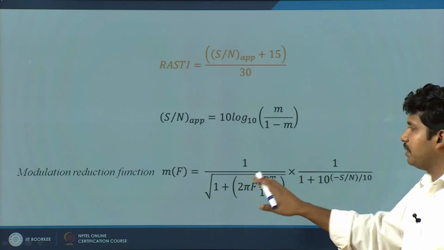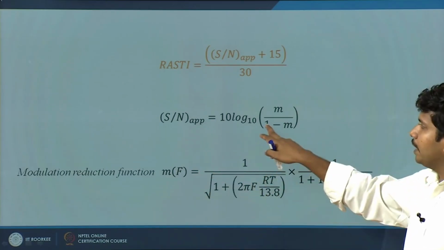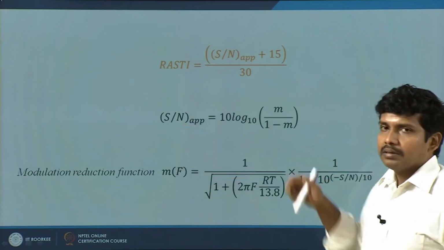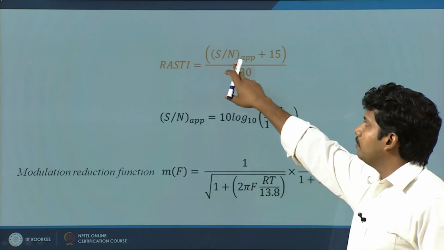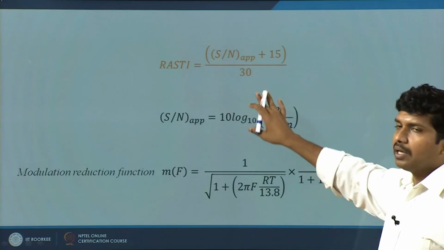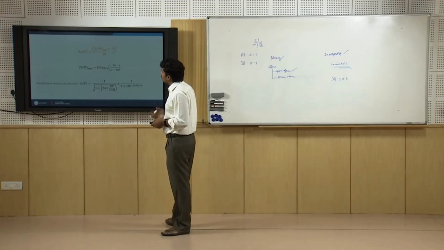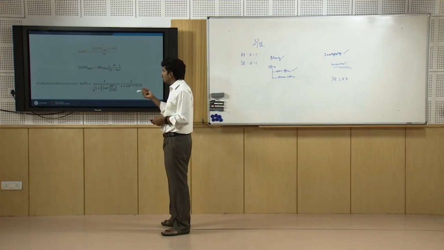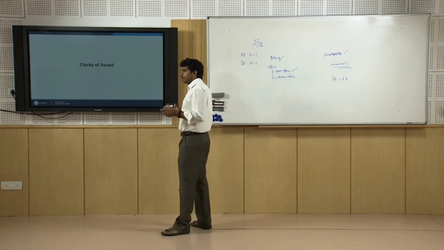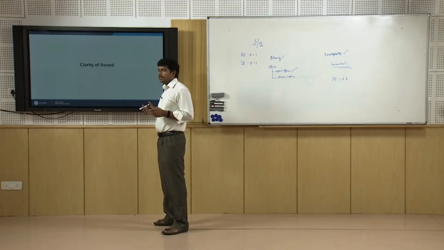So for every specific frequency you determine this modulation reduction function, then find the apparent signal to noise ratio. With that you can calculate RASTI. A similar formula is there for the speech transmission index also, with a little bit of modification. So we talked about the articulation index, the speech intelligibility index, and the speech transmission index.